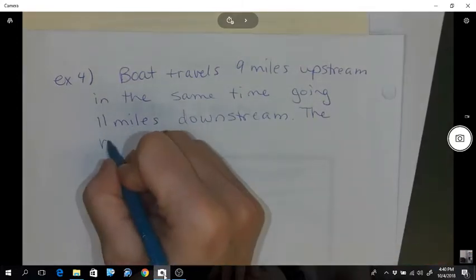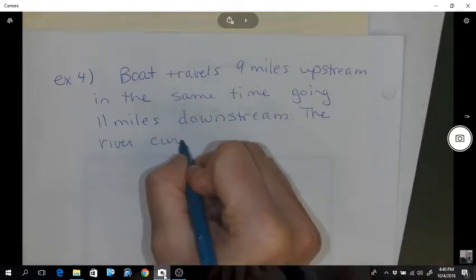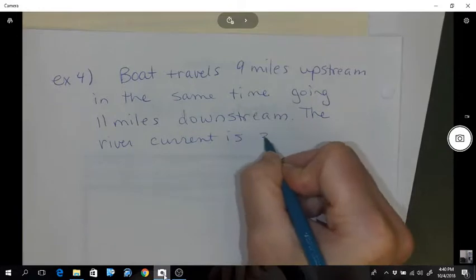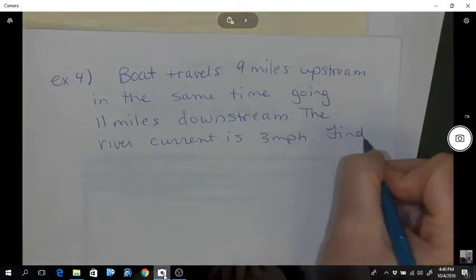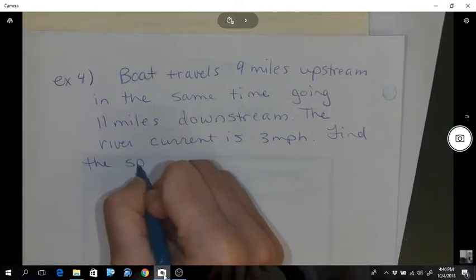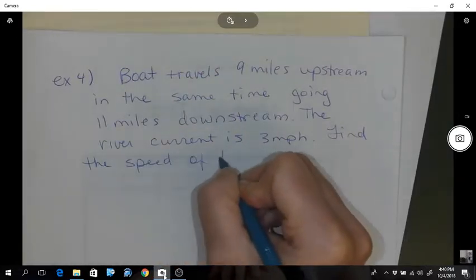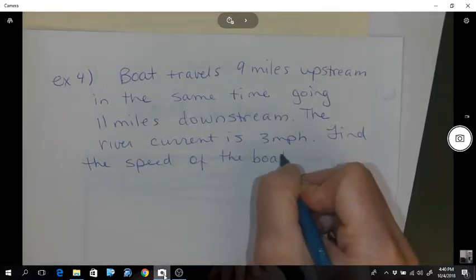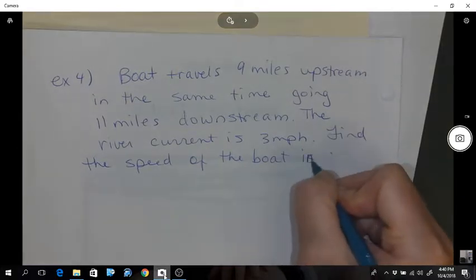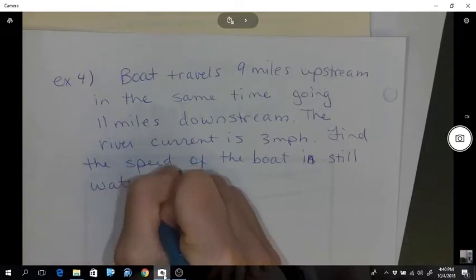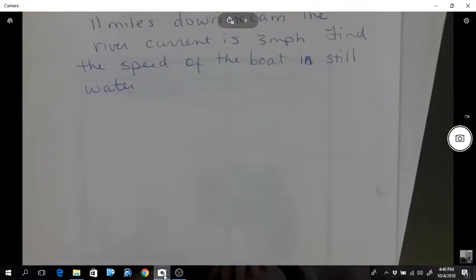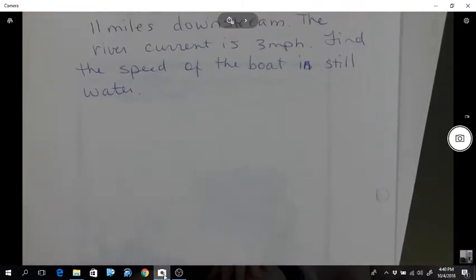The river current is 3 miles per hour. Find the speed of the boat in still water.